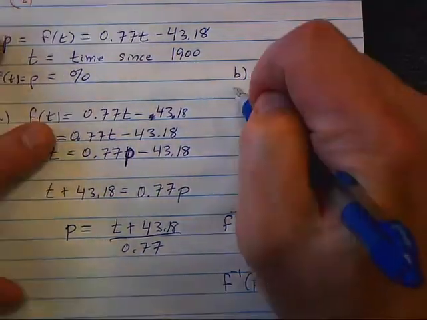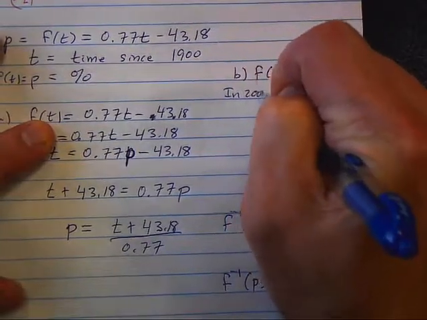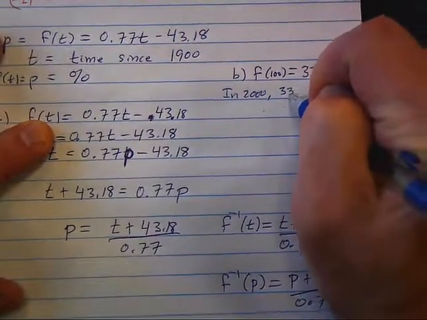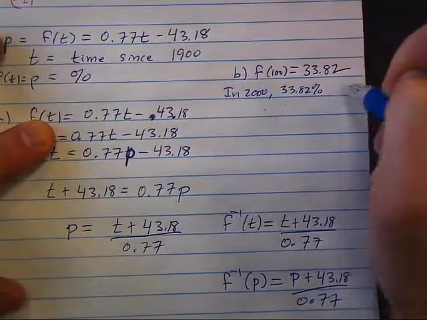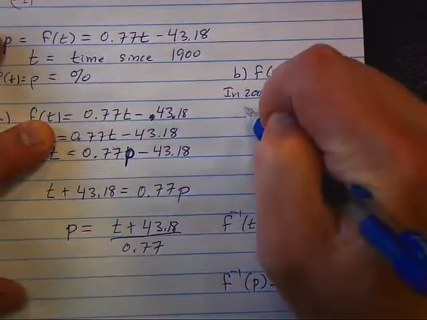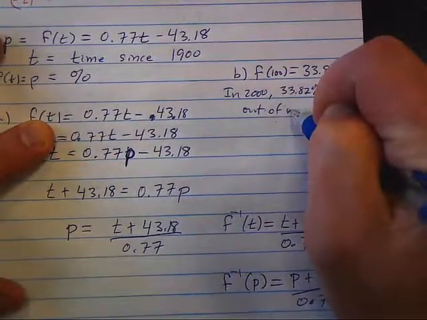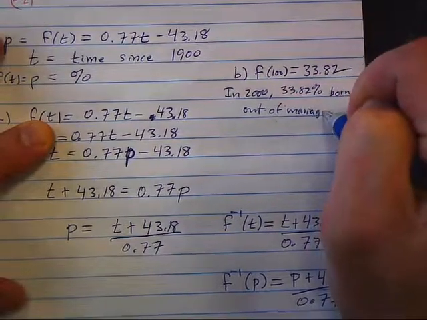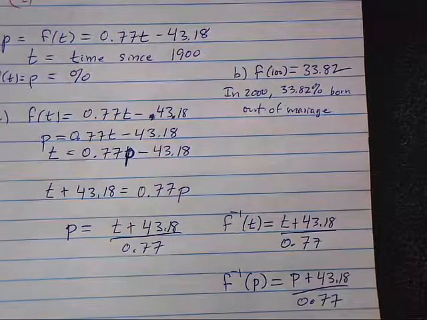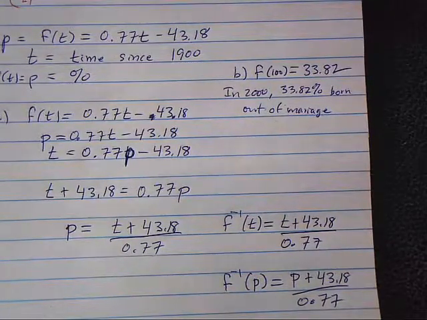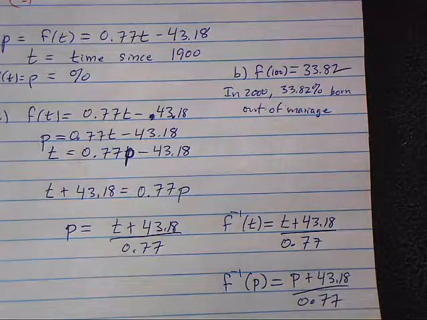So in 2000, 33.82% born out of marriage. That's an estimation. It might be a lot higher than that. I don't know. I'm not going to make any guesses on that.